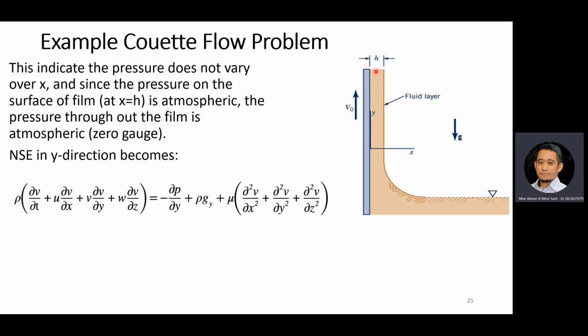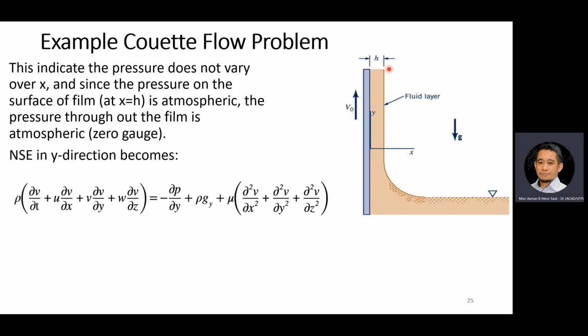And also at the film surface, x equal to h, and x equal to 0 here, this is at atmospheric pressure, so the pressure is constant along this line, because the surface is open to air.